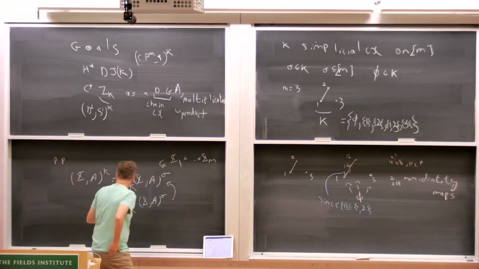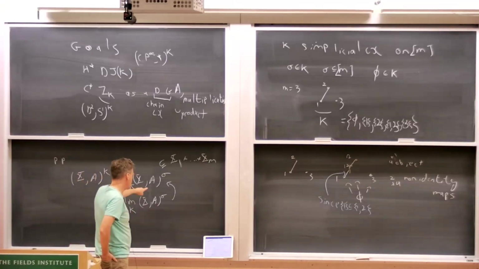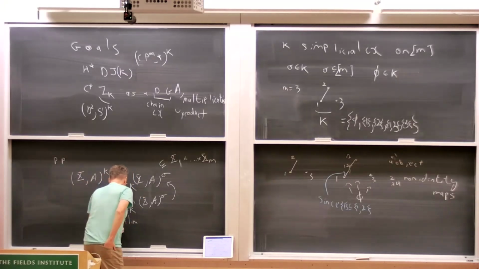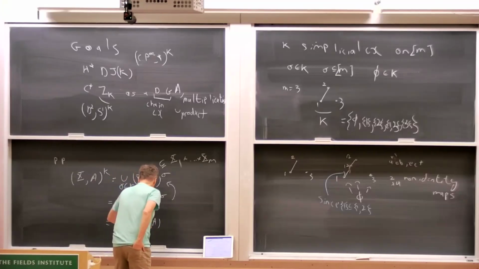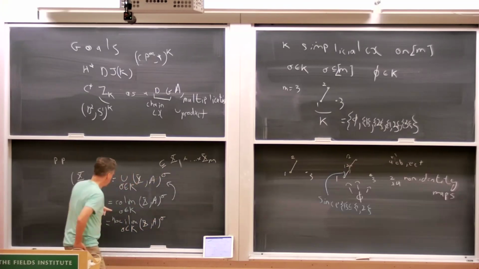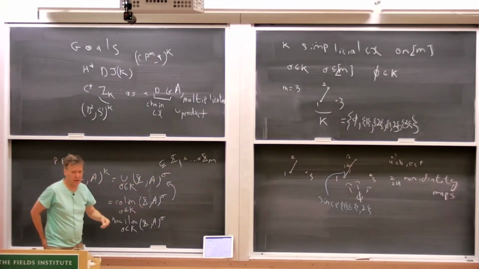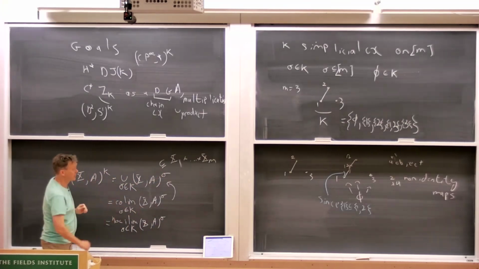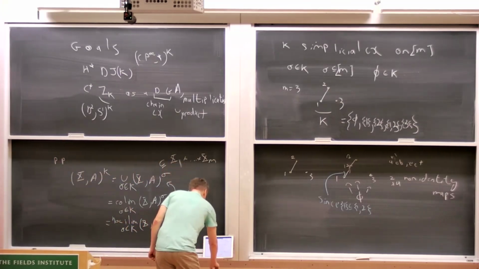Now, the more important thing for computing cohomology is that this colimit is actually a homotopy colimit. I'm not really going to talk about that, this is more like a comment, that if the pairs are nice, like relative CW complexes, you get that this colimit is actually a homotopy colimit.